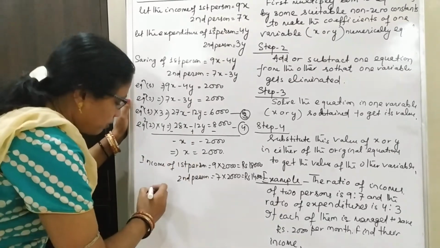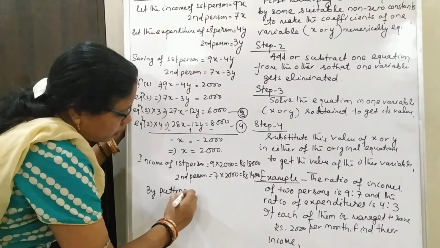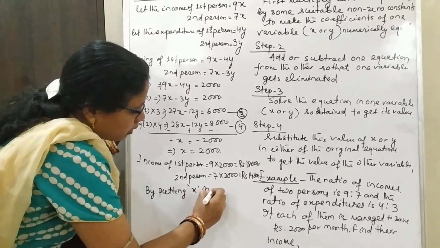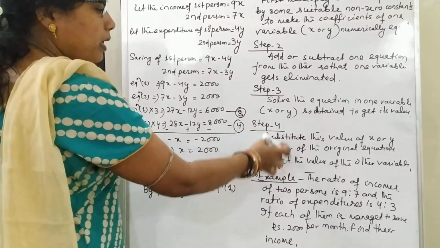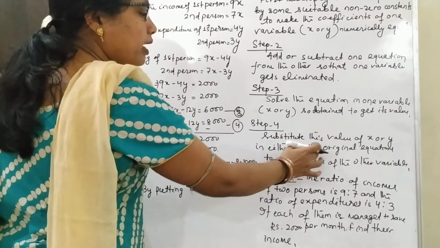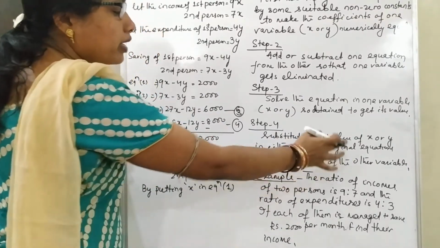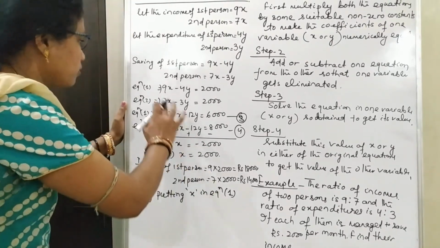So by putting the value of x in equation 1, we will get the value of y. Here, following step 4, substitute this value of x or y in either of the original equations to get the value of the other variable. So here I am putting the value of x in equation 1.